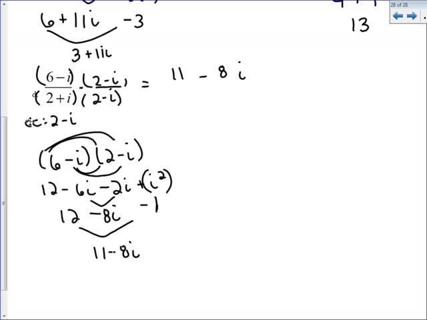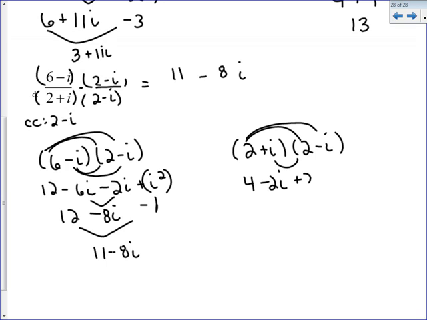And then what's our expectation for our denominator? What should the denominator work out to be? A real number. So that's one way you can see if you got the right conjugate. If you don't get a real number for your denominator, something's wrong in your problem. So when I FOIL these, I'm going to get 4 minus 2i plus 2i minus i squared.